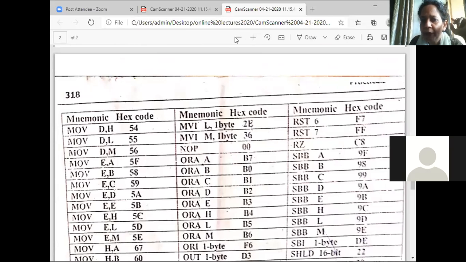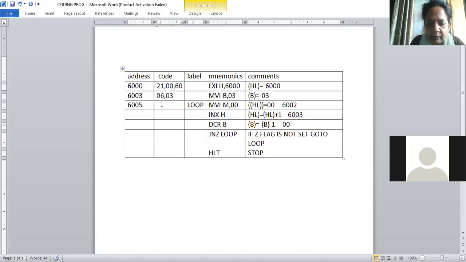So it is a 2 byte instruction. How will I write this? 36, correct? And what is that 1 byte more? That is nothing but 00. So 3600 will be nothing but MVI M 00. So this is 6005, 6006. That means at 6007, there will be the next instruction.